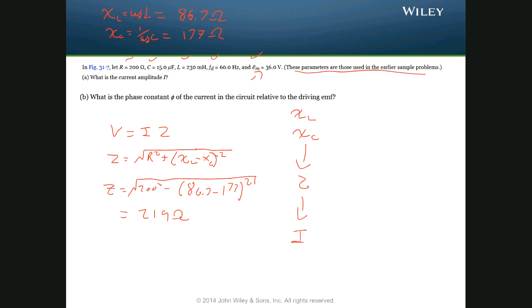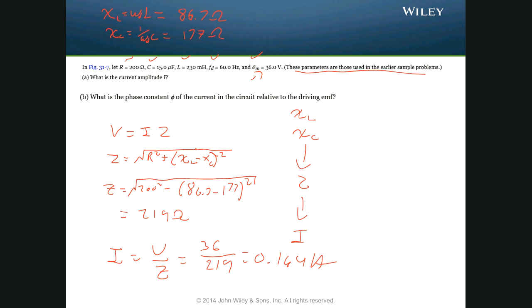And then once you have Z, I equals V over Z, which equals 36 over Z, which is 219, and that's going to equal 0.164 amps.